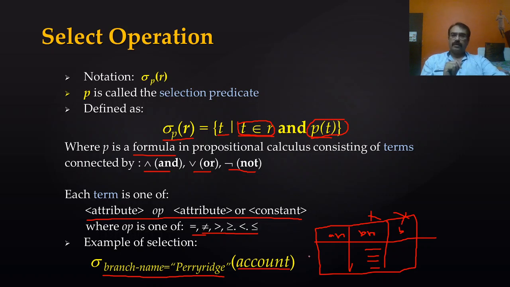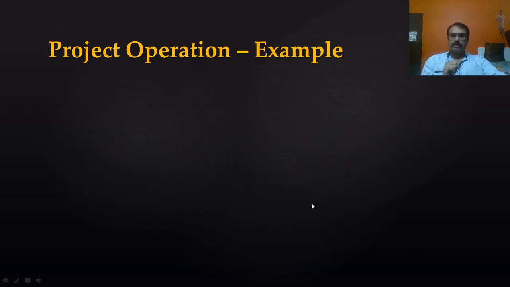For that we have the second operation, the project operation. As I said earlier, it is defined with the symbol pi, and it is equivalent to the select clause in your SQL. Don't get confused: project is equivalent to select in SQL.